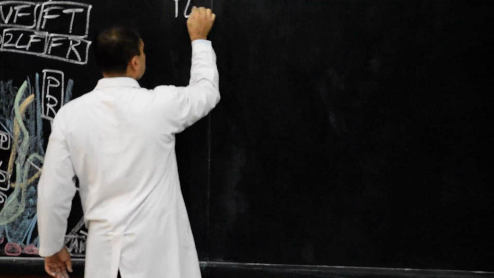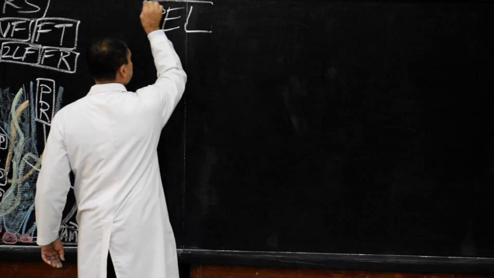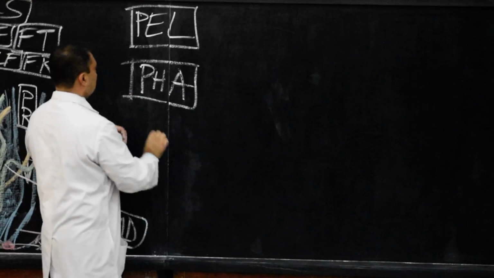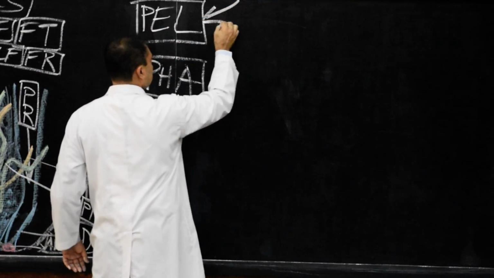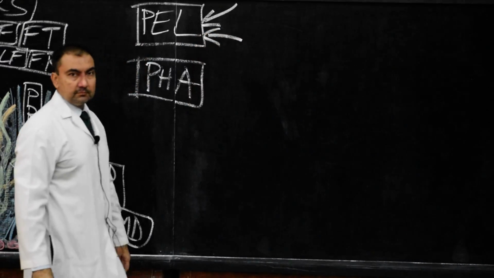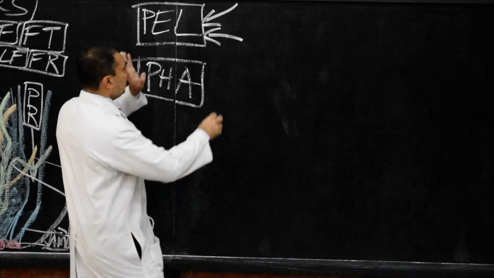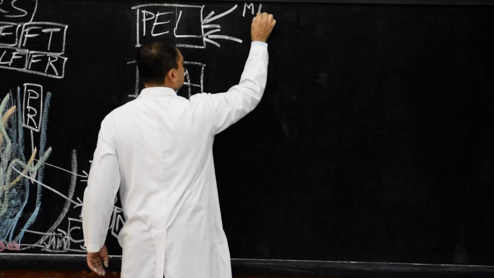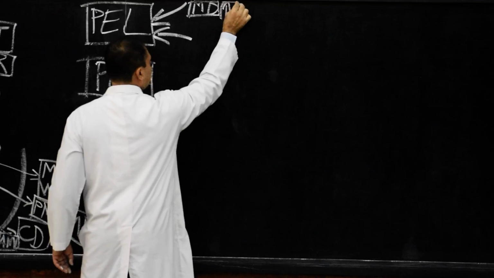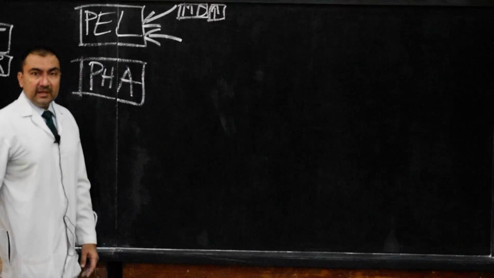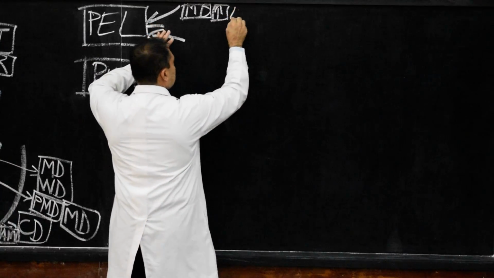Here we write the pelvic portion, and here we will mention the phallic portion of urogenital sinus. Now, in case of the pelvic portion, the mesonephric ducts will develop, in case of males, as ejaculatory ducts.